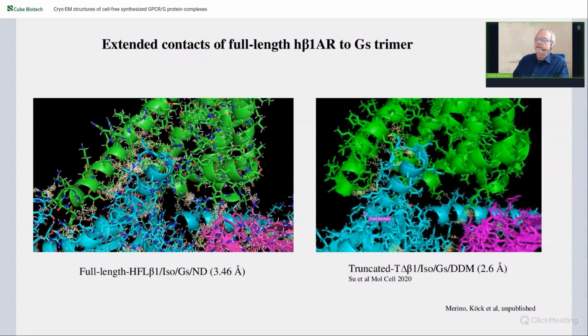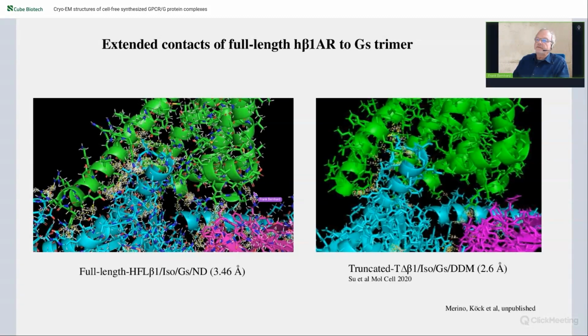Here we have the truncated version, and the white lines are polar contacts up to 3 angstrom. And you instantly see that in the full-length receptor, you have many more contacts than in the truncated version. The elongated TM5 forms a new cluster of interaction with the G alpha here and here.